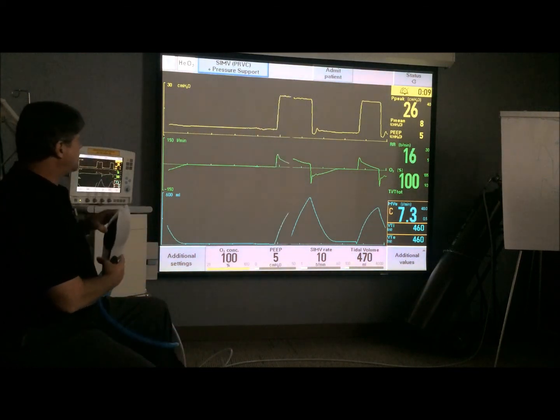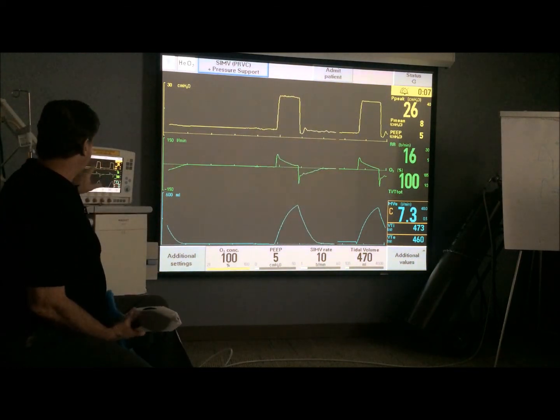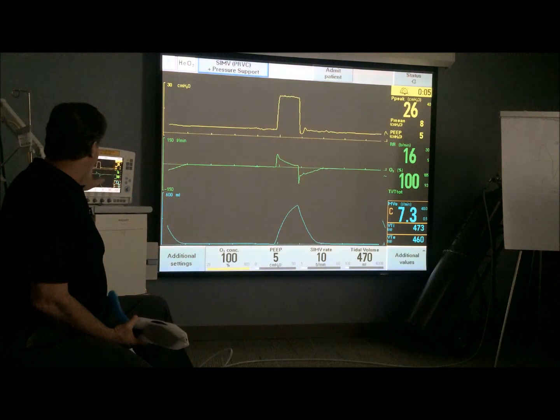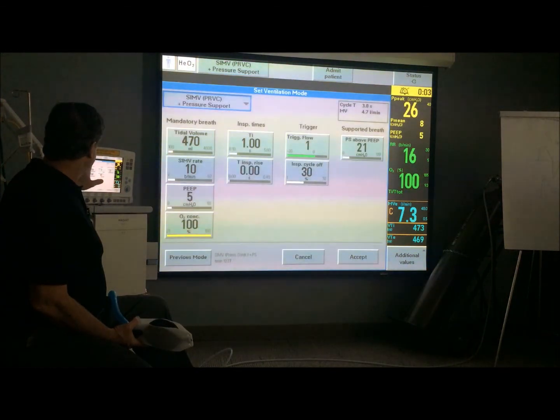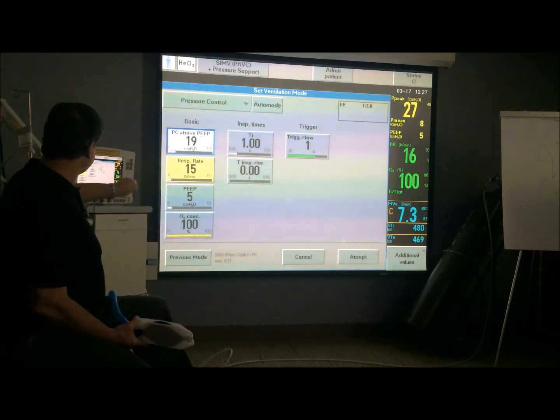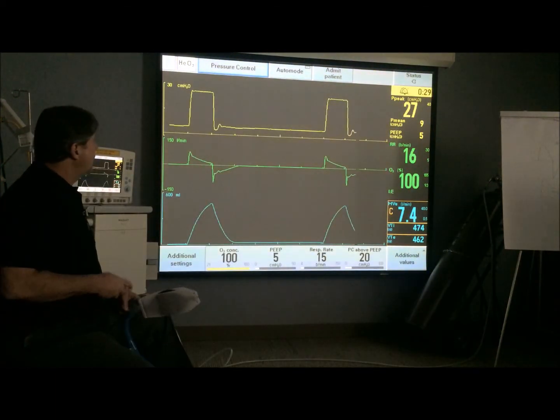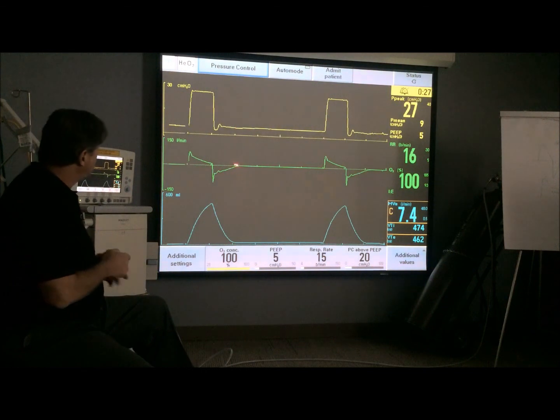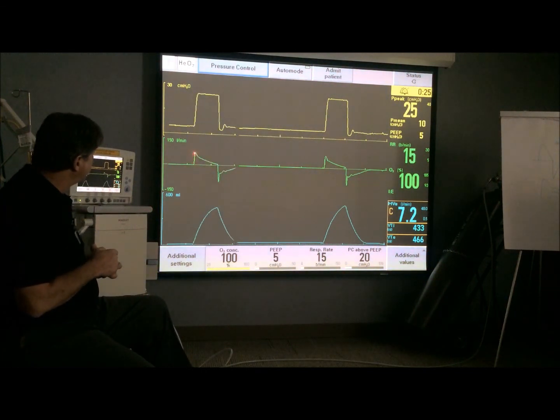So one other thing to talk about in terms of waveforms is the notion of auto PEEP. To go back to pressure control, as we talked about earlier, our patient gets a breath here and then exhalation occurs here.